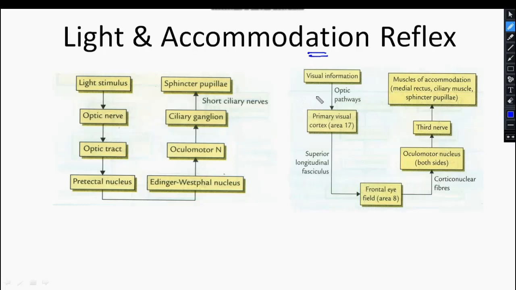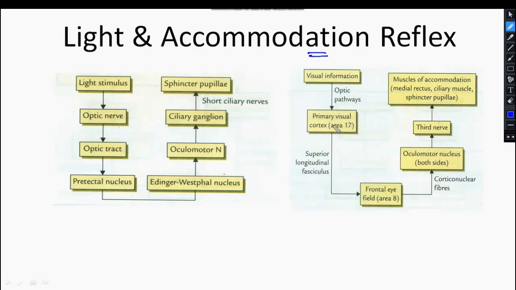And how does it happen? See, the visual information travels all that long way from the retina to the optic chiasma, to the optic tract, to the lateral geniculate body, to the primary visual cortex area.